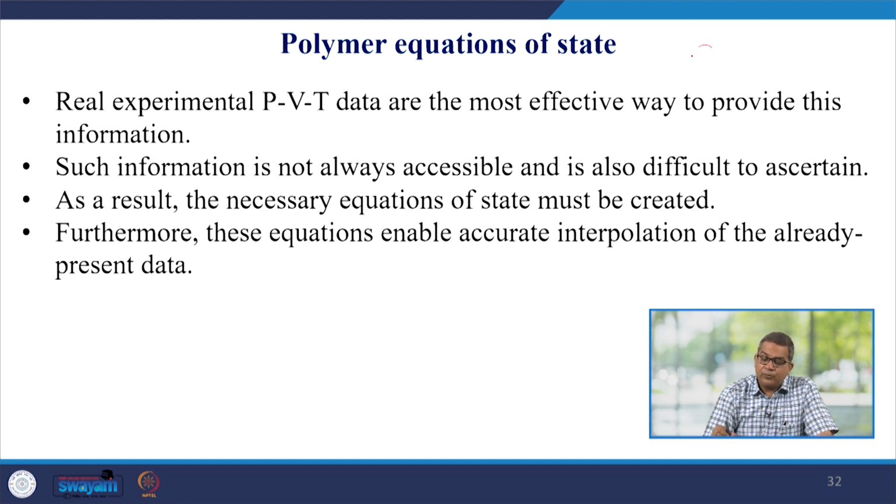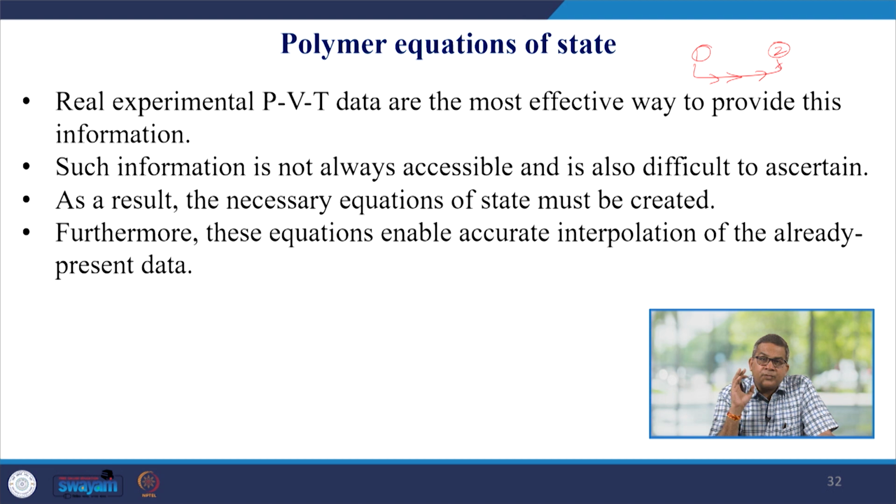Sometimes a particular system moves from one state to another. In that case, you need an equation that reflects how gradually the system changes. For this purpose, the pressure, volume, temperature data, sometimes empirical and sometimes experimental, are used.